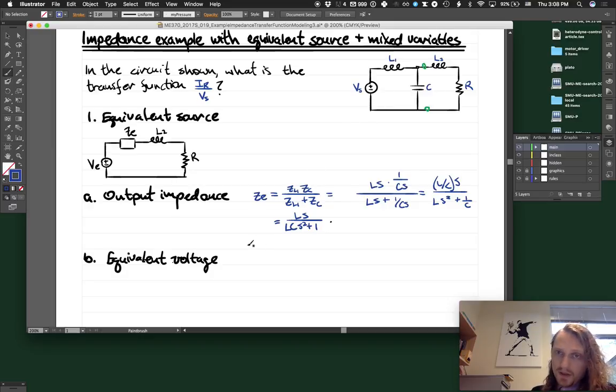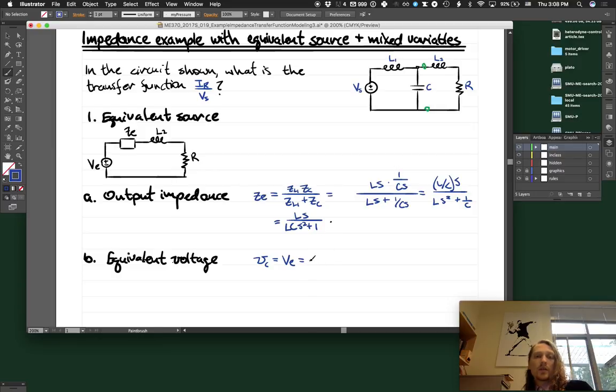So we can simply say that VC equals VE equals, so it's going to be the impedance.